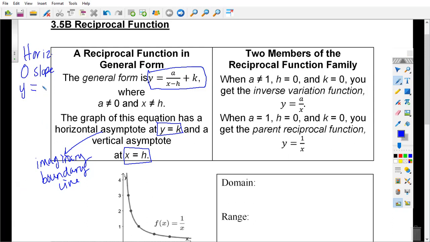So y equals a number is a horizontal line. Y equals 0, y equals 2, y equals 3, y equals 4. Those are all going to just be horizontal lines, right? VUX, that's a vertical line. Its slope is undefined, and the equation is always going to be x equals a number.